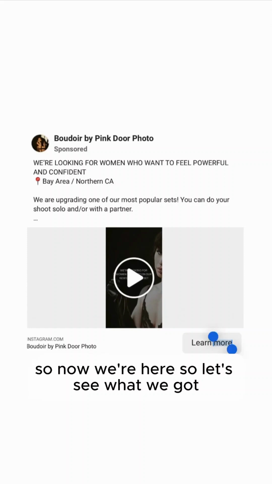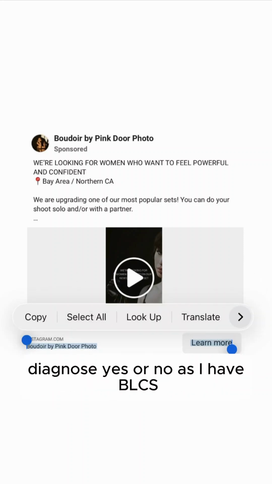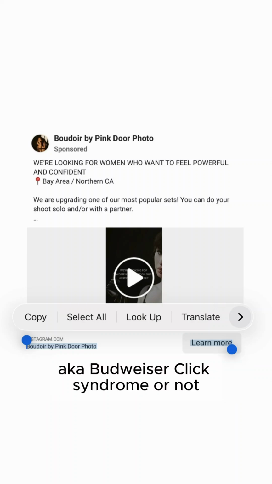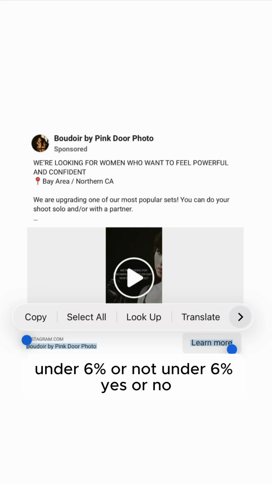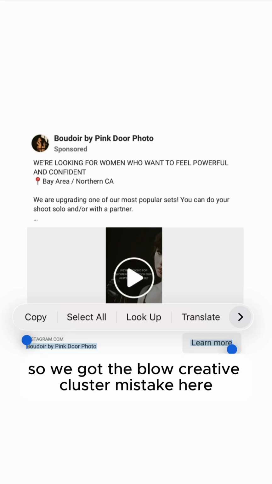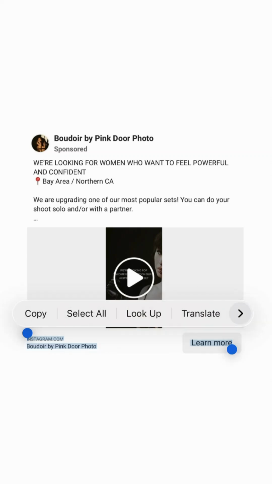So now we're here. Let's see what we got. We're going to diagnose, yes or no, does it have BLCS, aka Boudoir low click syndrome? Do I believe its unique CTRL is under 6%, yes or no? So we got the below creative cluster mistake here.